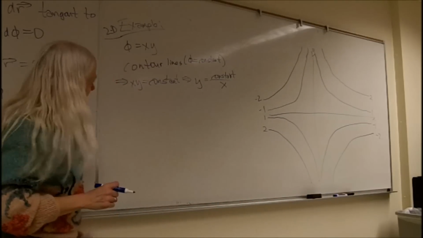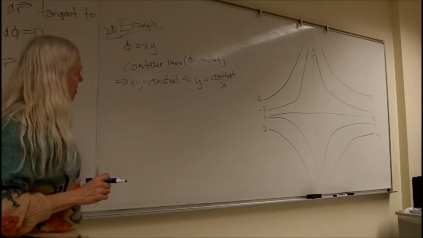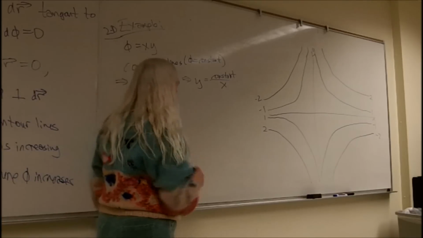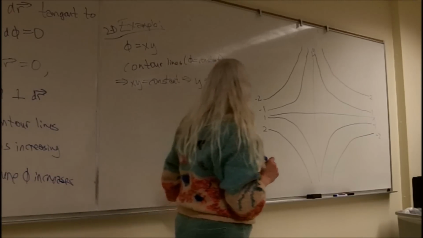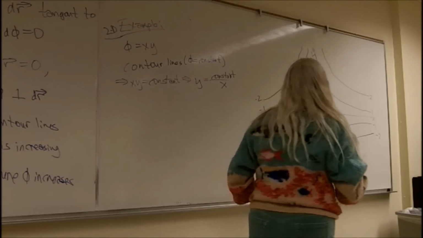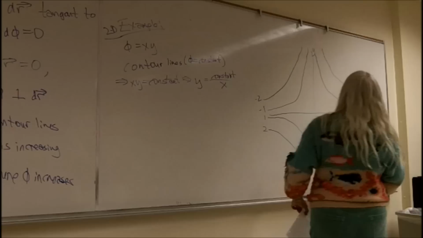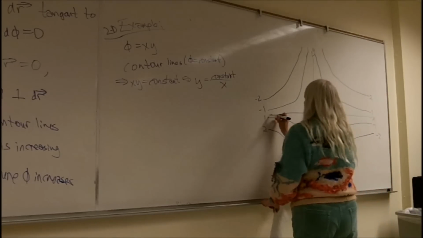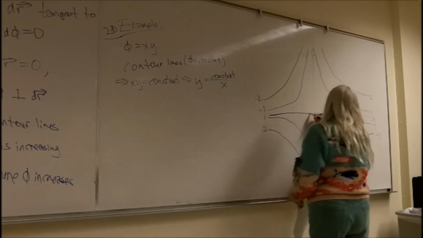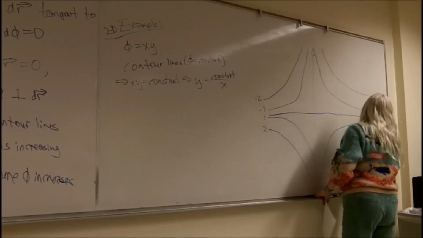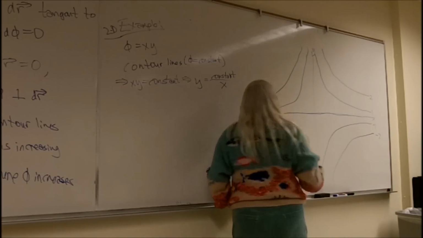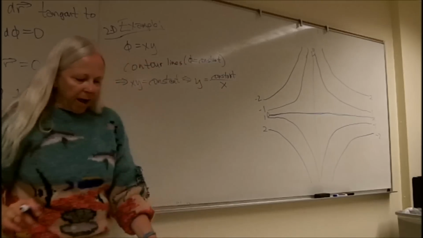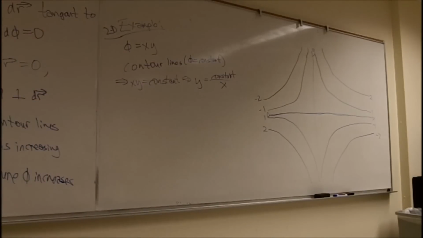I could also have the constant be 0. If the constant were 0, then y would be equal to 0 no matter what x is, and so, of course, y equals 0 is the x-axis. So right along the x-axis, I'd have a curve that I could label with the value of 0. Okay, so those would be some contour curves for this particular function.